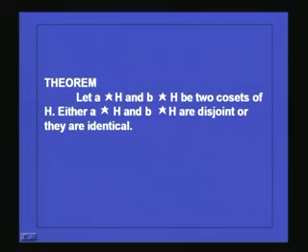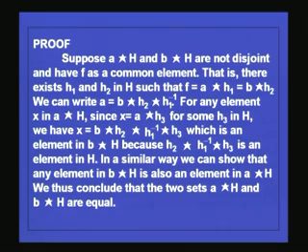How do you go about proving this? Suppose a star H and b star H are not disjoint. They have a common element f. In this case, you show that a star H and b star H are identical. That is, a star H contains an element f, and f also is in b star H. Therefore, there exist h1 and h2 in H such that f is equal to a star h1 equal to b star h2.